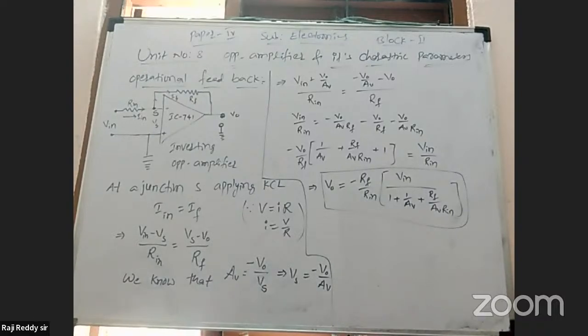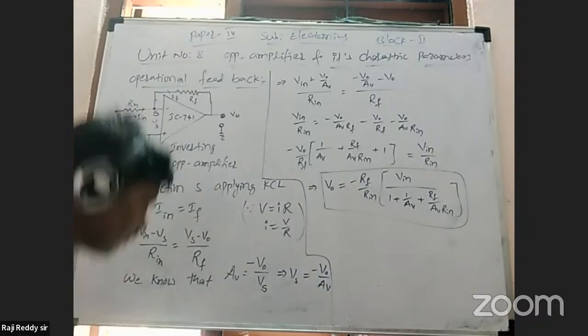If the gain is nothing but AV, and if the gain is very large, the denominator value goes very high, then automatically 1 by AV goes to 0 and Rf by AV into Rin also goes to 0. Then we get V naught equals minus Rf by Rin into V in, when the gain is very large.